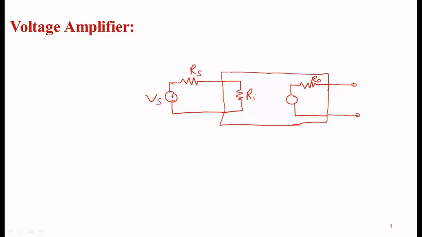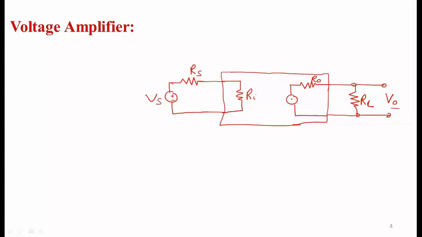In the output section, we connect the load resistance so that we may have the output voltage. Here we will receive the output voltage V naught. So in an ideal voltage amplifier, it is required that the output voltage is independent of the input resistance and the output resistance of the amplifier.